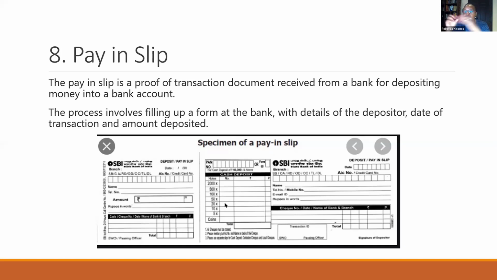What that means, and we call these contra entries, is that money has moved from the cash into the bank. It still remains your asset. It's just that one asset called cash is reducing and the other asset called bank is increasing. So we need evidence such as a pay-in slip to show that you actually moved money from the cash till into the bank. So this will be evidence for that.